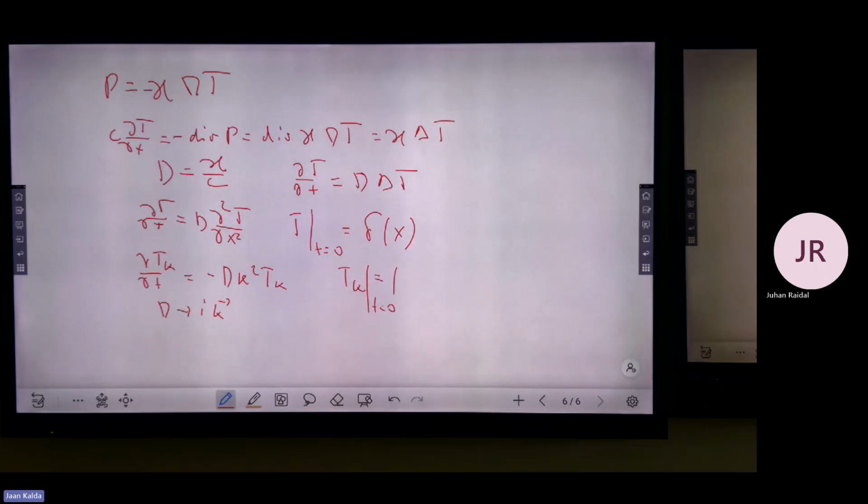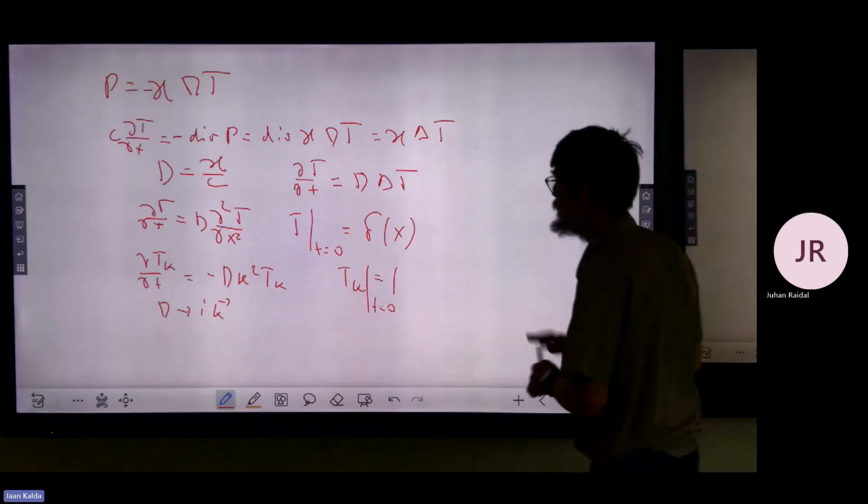That's a very nice way of doing it, but we are not going this way right now. The other way is finding a self-similar solution, and that's exactly what I wanted to talk to you about right now.